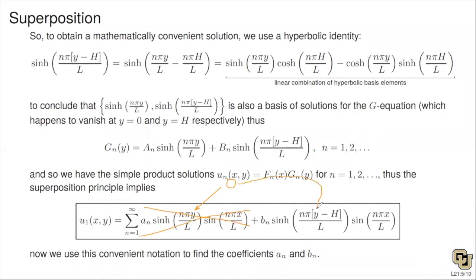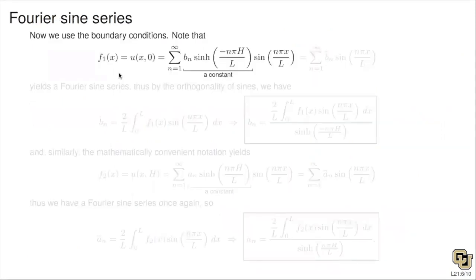So I'll have sigma b sub n sinh n pi times negative h over L sine of n pi x over L. And that's what we have here. The a sub n, the sinh of n pi y over L, disappeared when we let y equal 0. That's a nice thing. And here, this whole term is just a constant that depends on n. So let me rename it b sub n tilde.